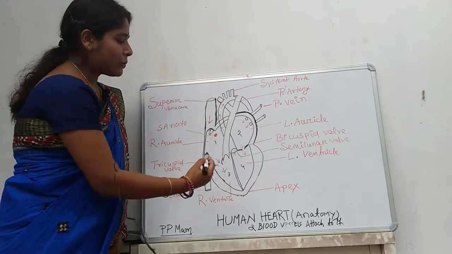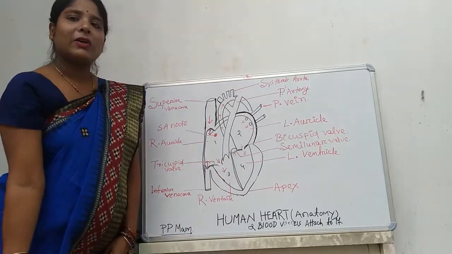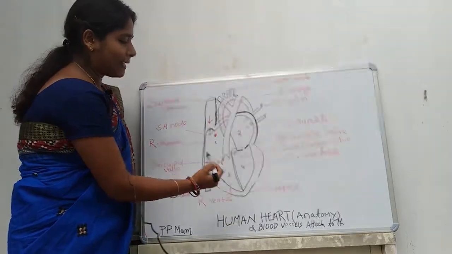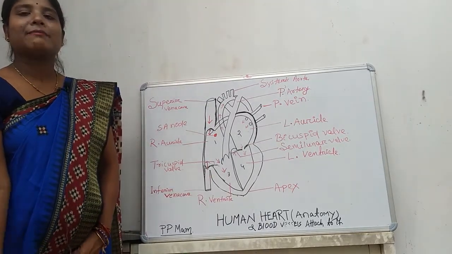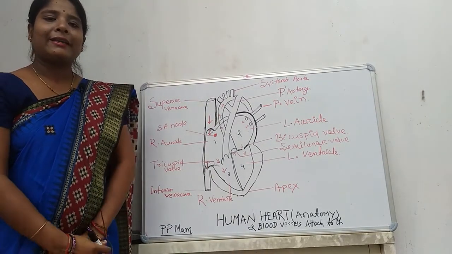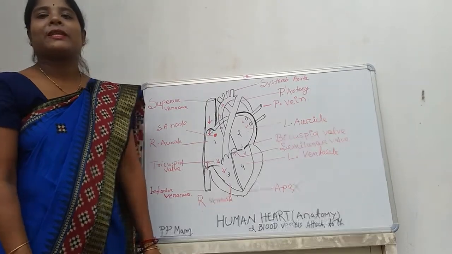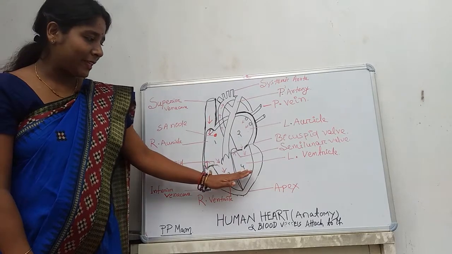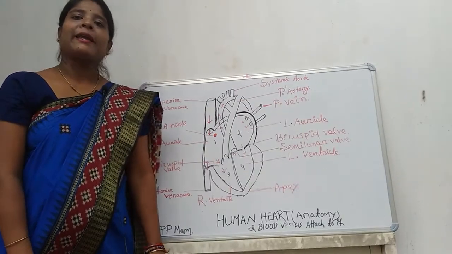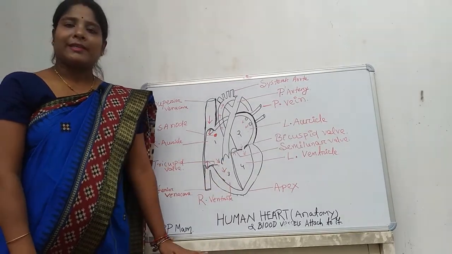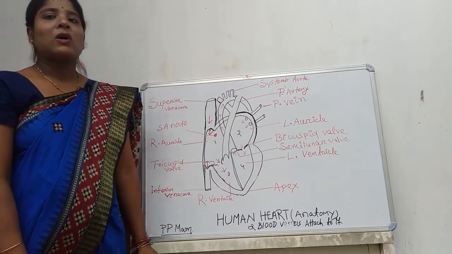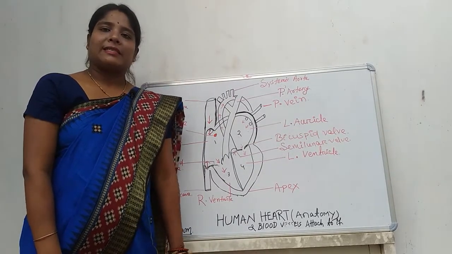The two lower chambers are called ventricles. The singular form is ventricle, and combined, two ventricles are present in the heart. The auricles and the ventricles are separated by a membrane called the auriculoventricular septum.